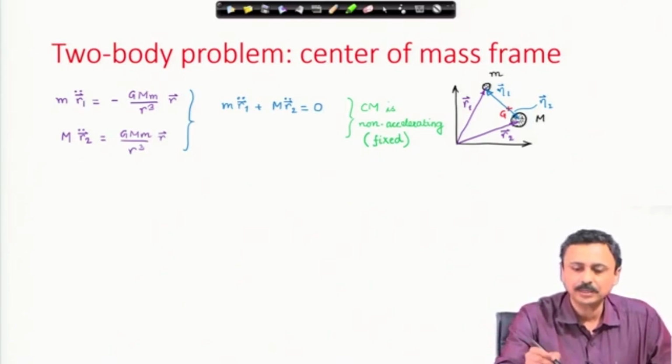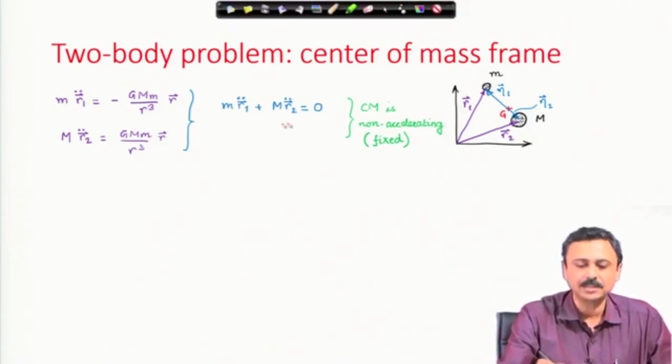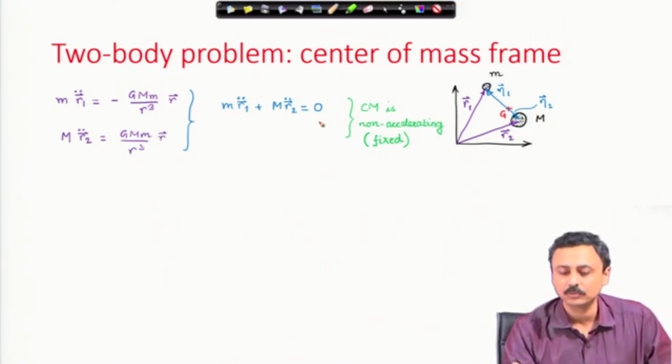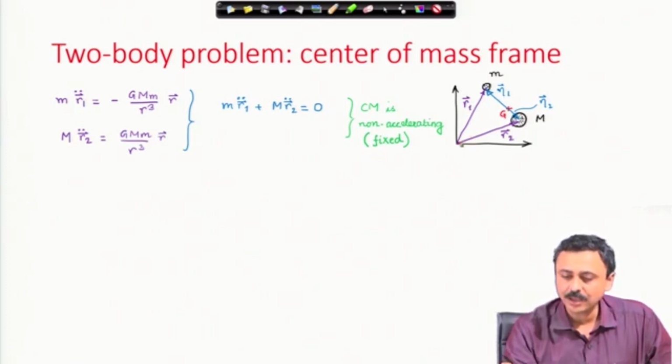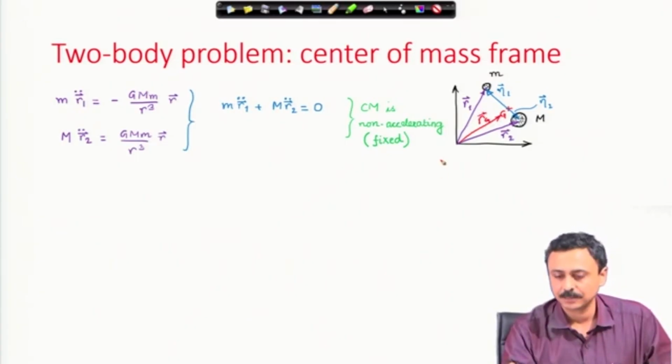Now, how do we say that this means that the center of mass is non-accelerating? It is because of the way we define center of mass. Suppose in this figure I would like to represent rg, the position vector of the center of mass. It is from this origin to the center of mass, this vector is rg.